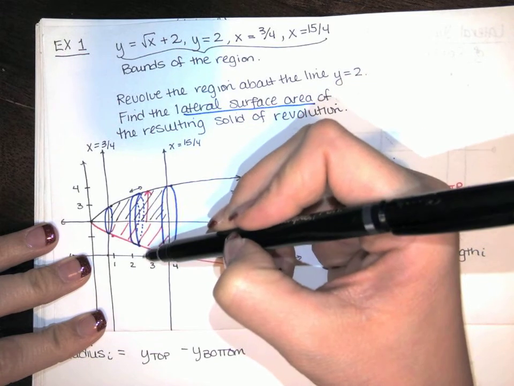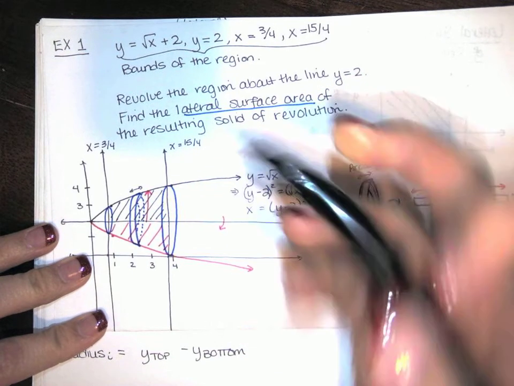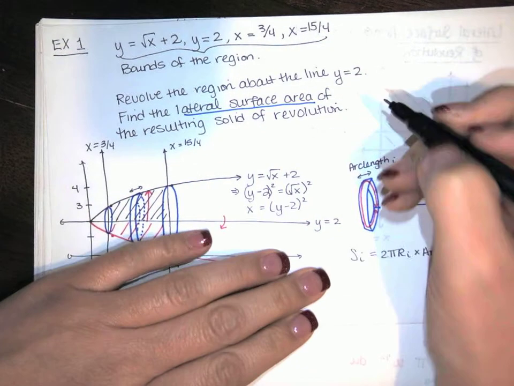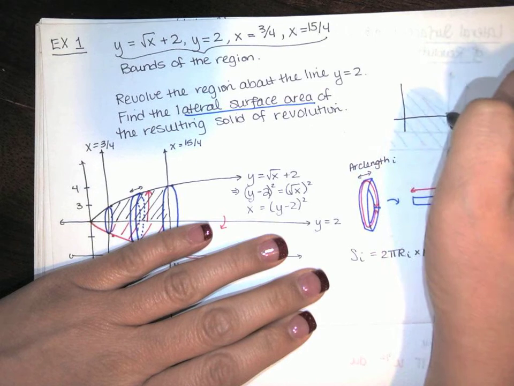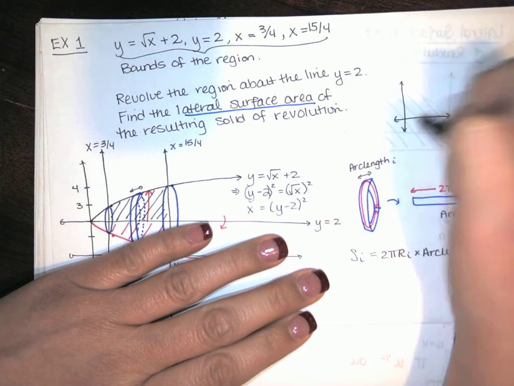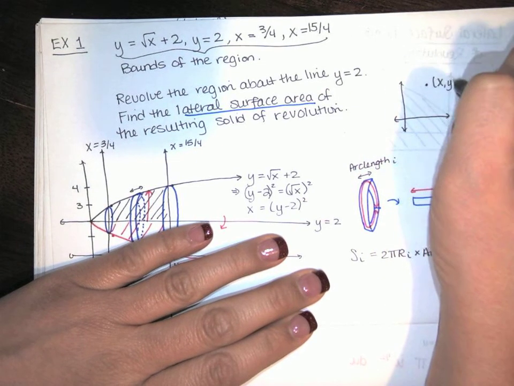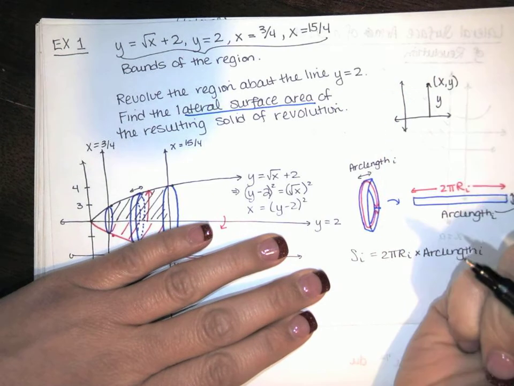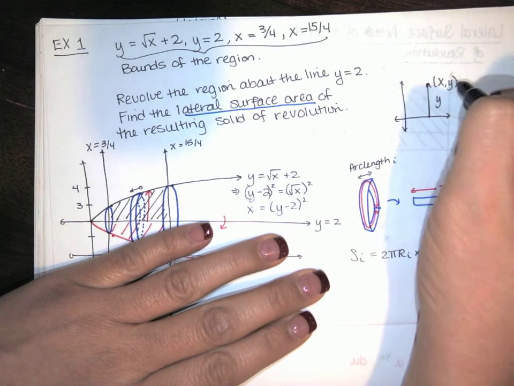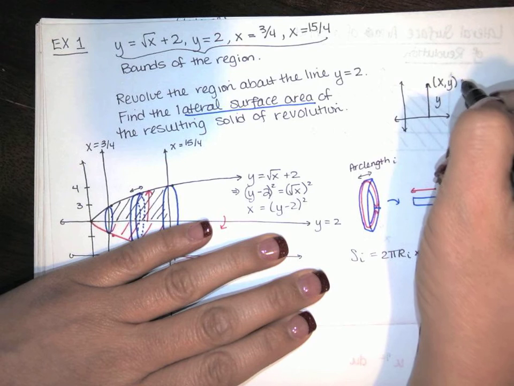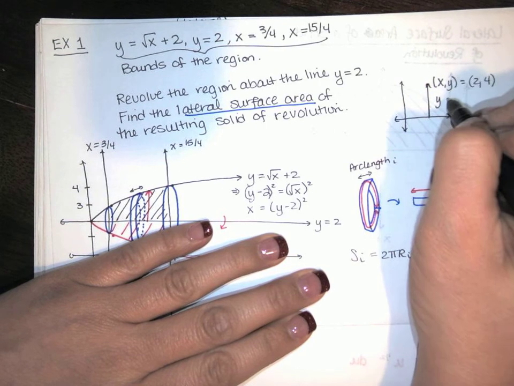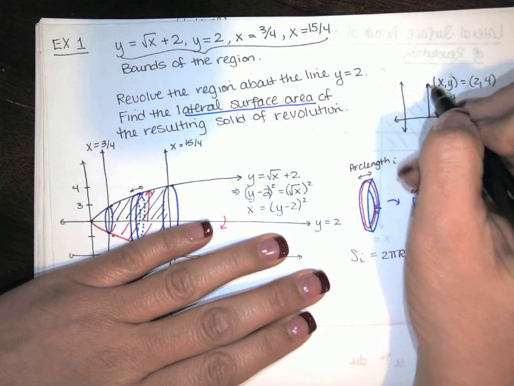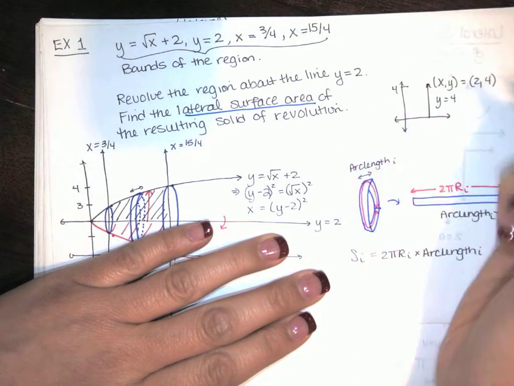Remember that vertical distance from when we talked about the area between two curves? Remember how we talked about if we're at a point x, y, the distance from the x-axis to that point is y. If that was the point 2, 4, just for example, well, then y would be 4, right? Because that's how tall it is.